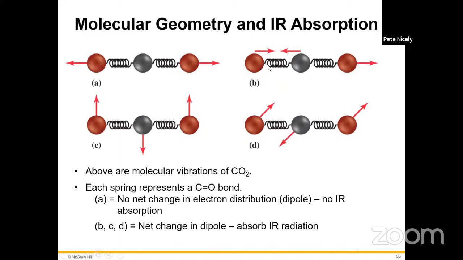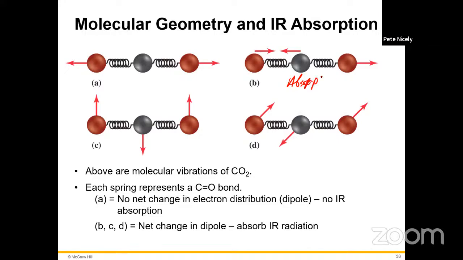However, in the case of B, C, and D, there'll be a net change in dipole because if this bond is shortened and this bond is lengthening, that means that the dipole overall or the charge distribution overall will change. The same is true for this one, the same is true for this one. So therefore, in these situations, absorption of radiation will take place.